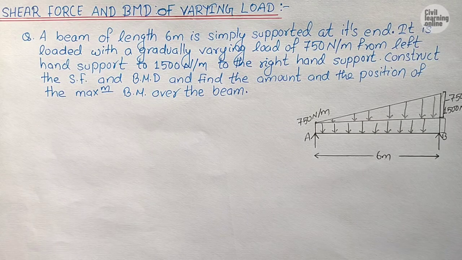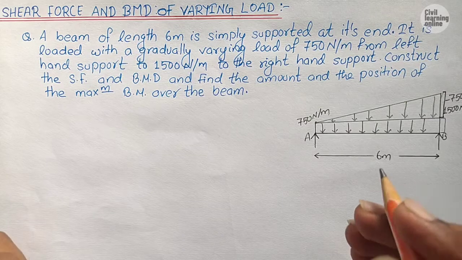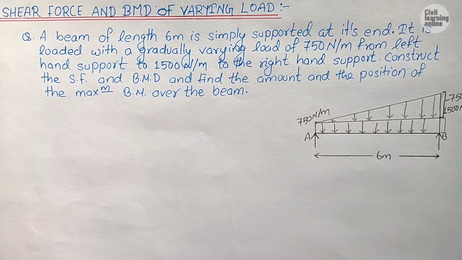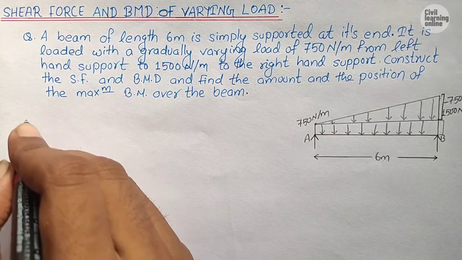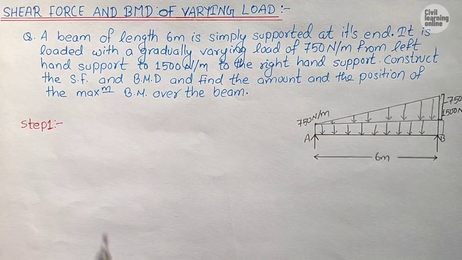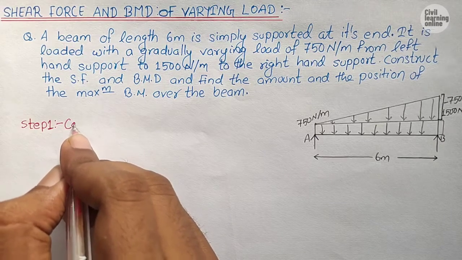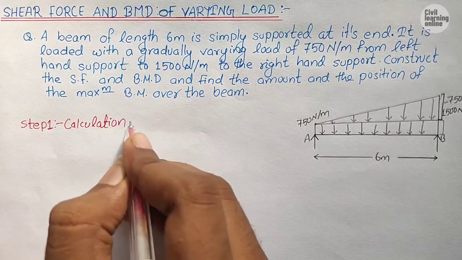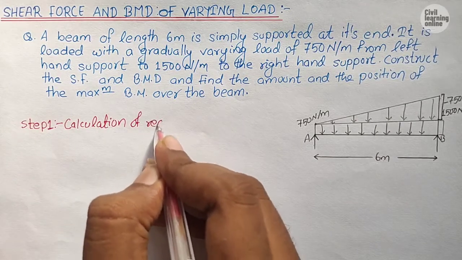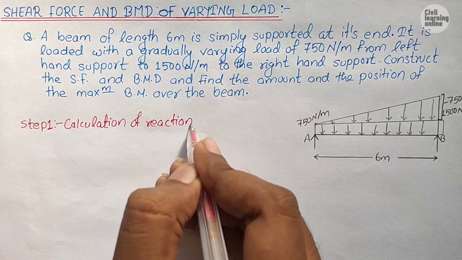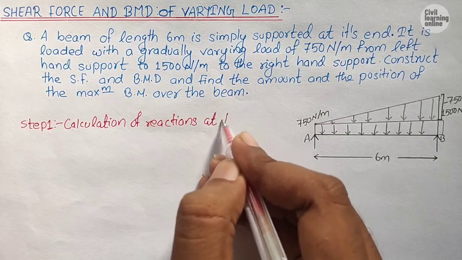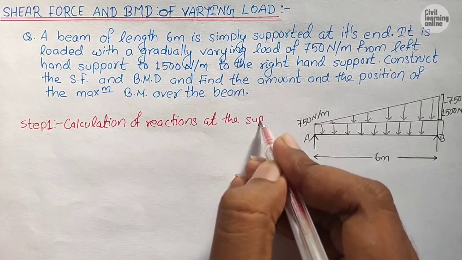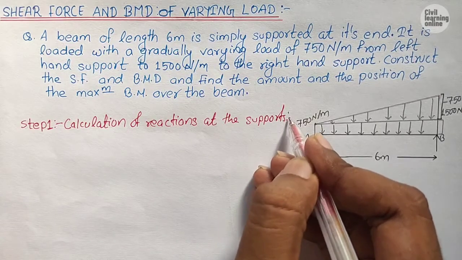Now let us move toward step 1, and in step 1 we will be calculating the reactions. So let us first write down step 1: calculation of reactions at the supports.